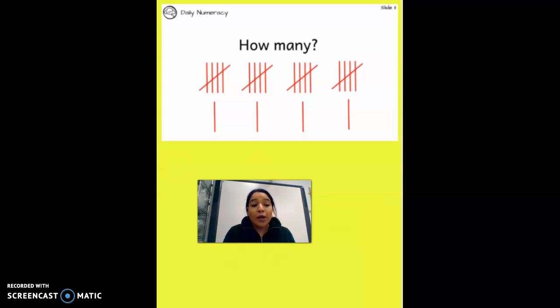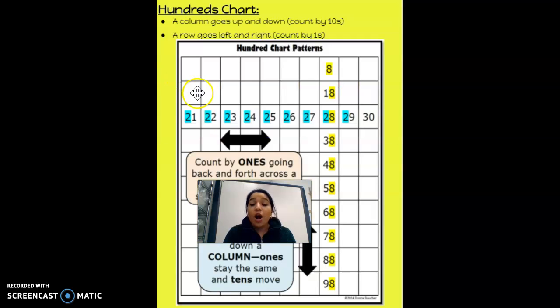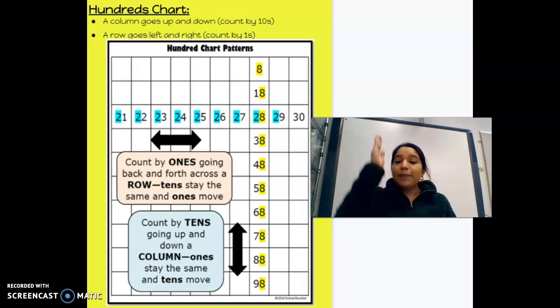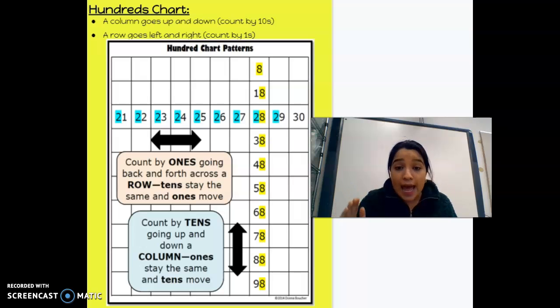Awesome. Now, before we get into today's assignment, we're going to go ahead and look at our hundreds chart and review our rows and our columns. Do it with me. Our columns go up and down, up and down. And when we are counting in our columns, we are counting by tens.